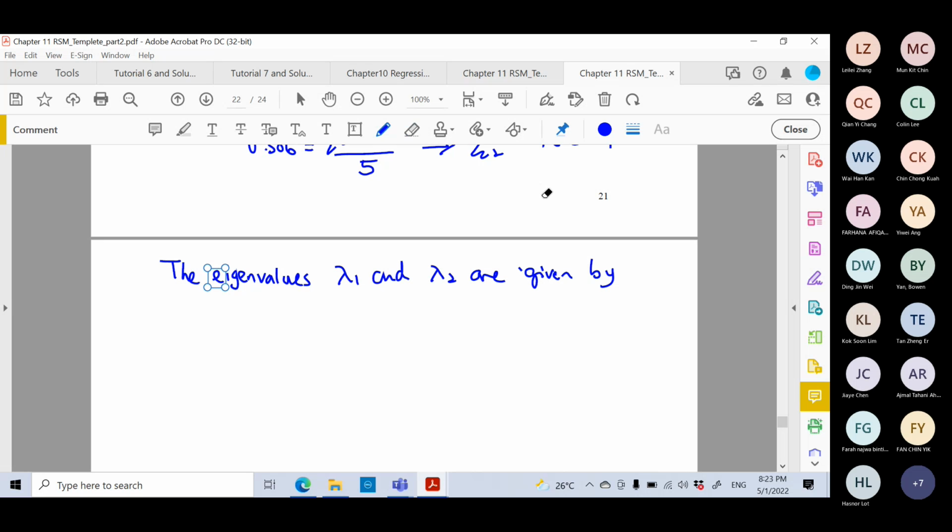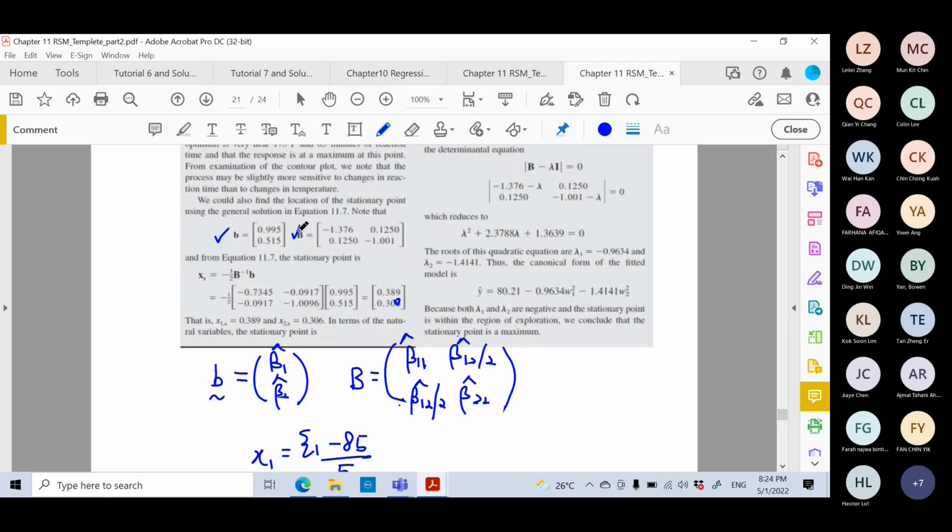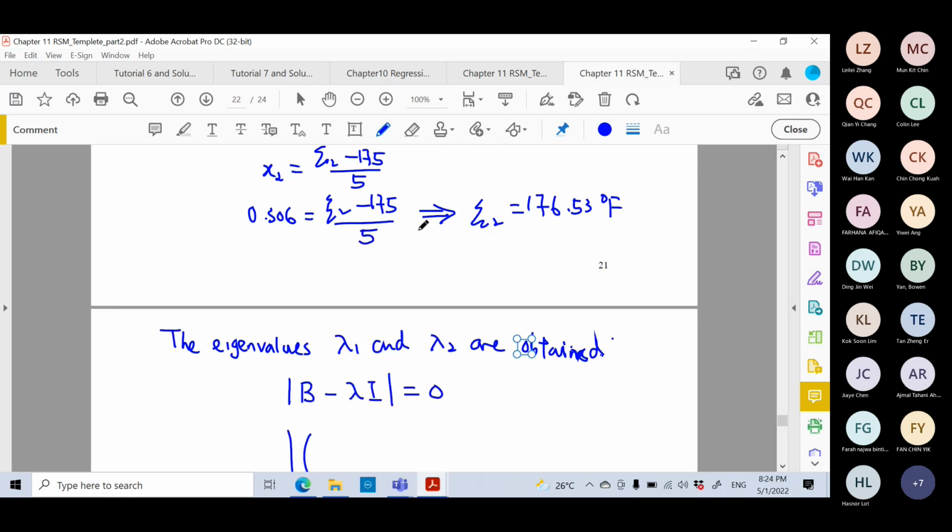The eigenvalues are obtained by finding the determinant of B minus lambda multiplied by the identity matrix equal to 0. The B here is what you have from before, so I just copy down the value here.